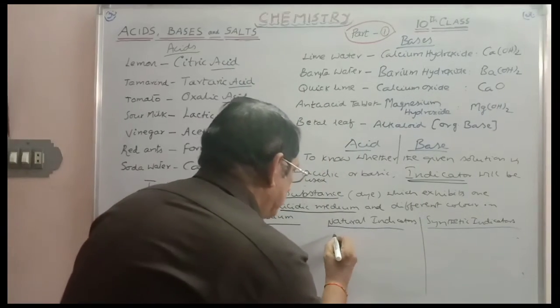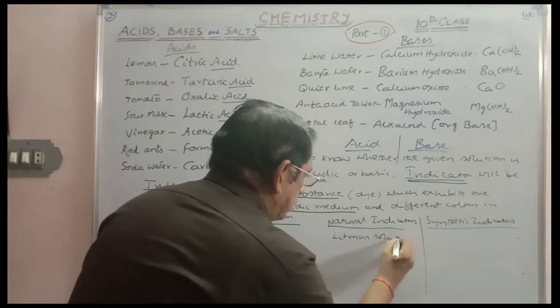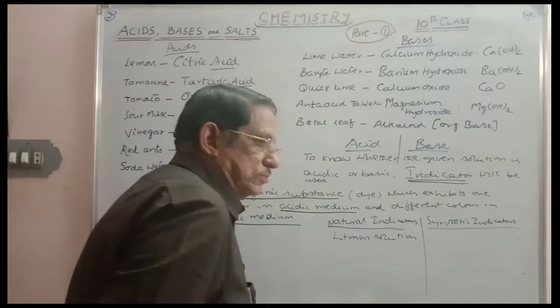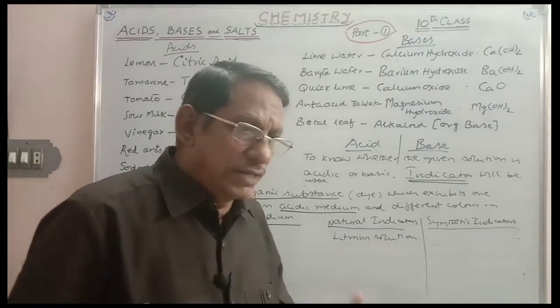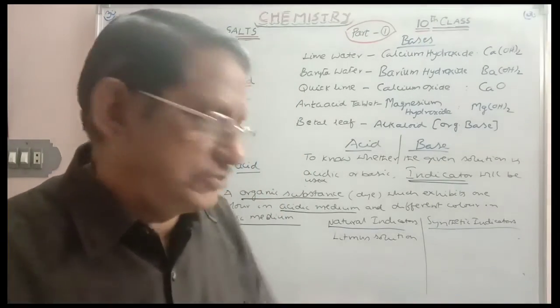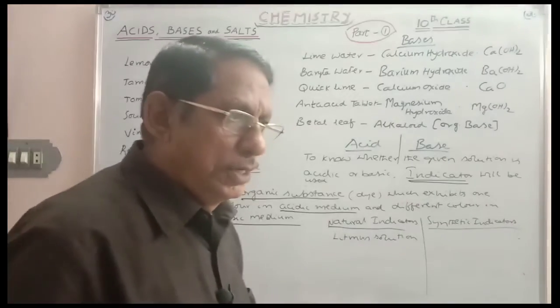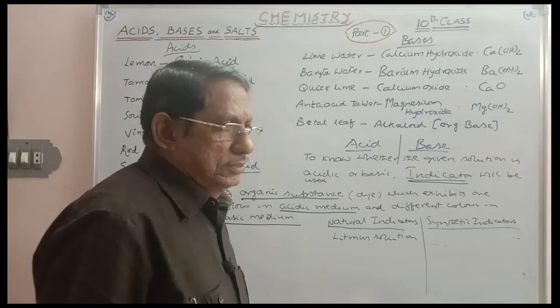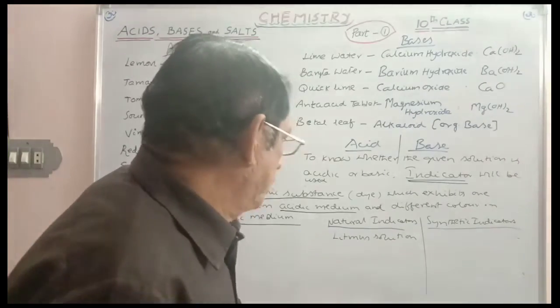One is litmus solution. It is available in the form of litmus or in the form of litmus paper like blue litmus, red litmus. So that is litmus solution or litmus paper. This is generally extracted from lichen plant.